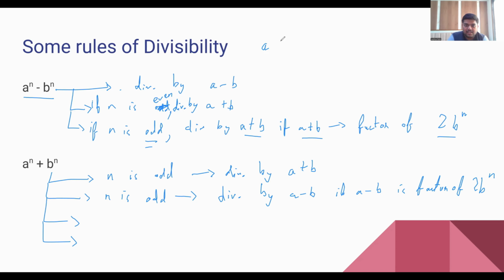And we are considering a to be greater than b here, so that this value is also positive. Okay. And if n is even, then it is divisible by a plus b when a plus b is a factor of 2b to the power n.